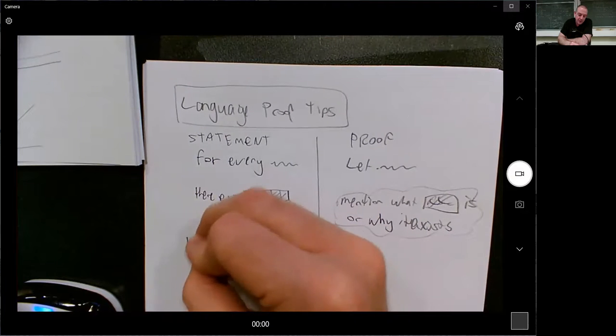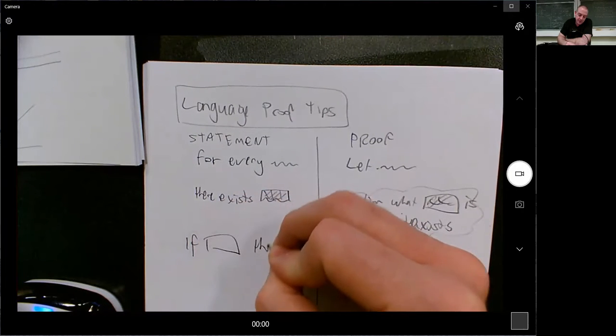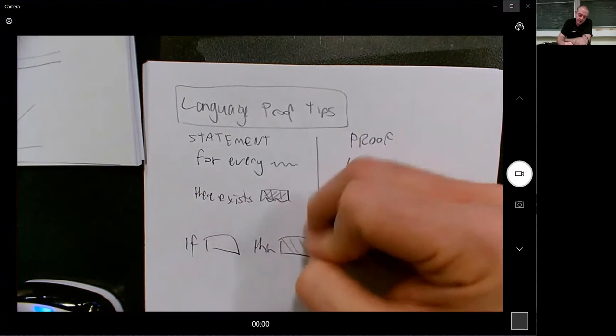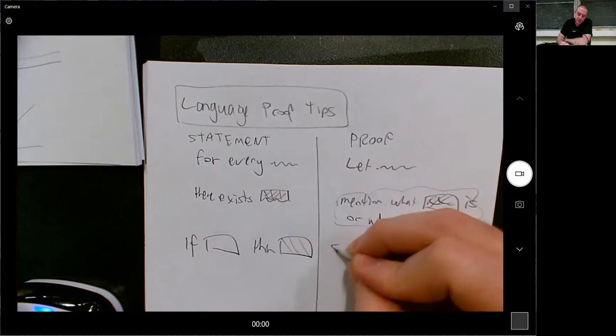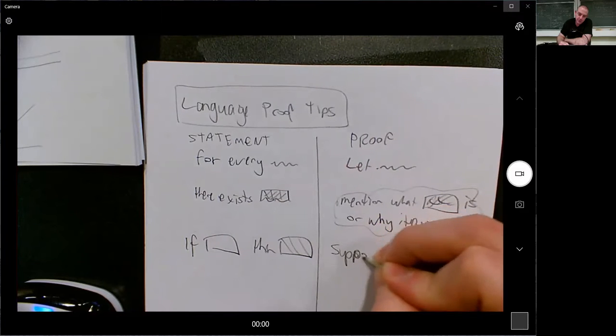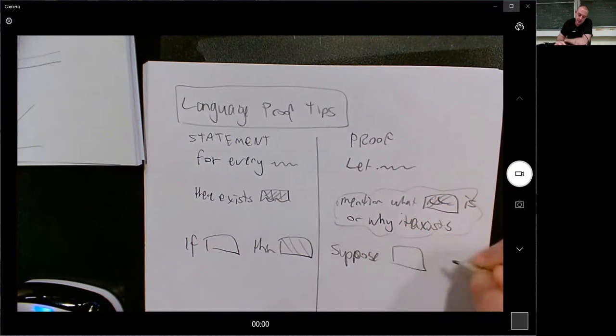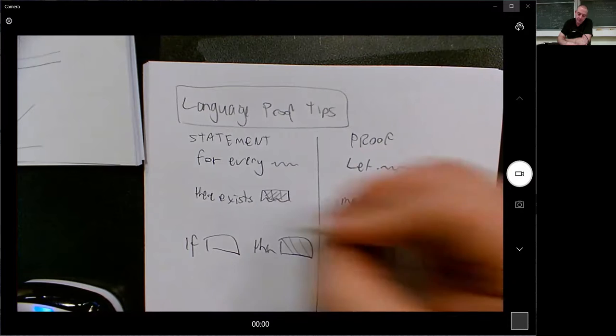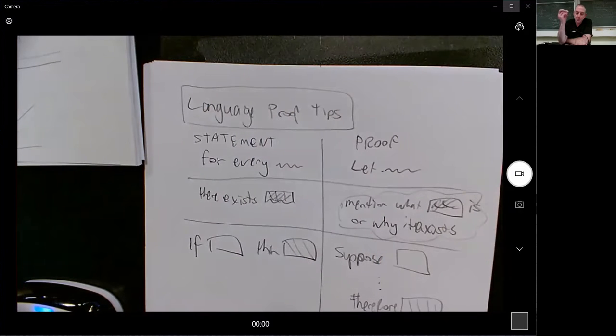And if you've got an "if something, then something else", then in the proof that usually goes "suppose thing, blah, blah, blah, therefore thing." They're the only ones off the top of my head I know, and they're the most common, right?